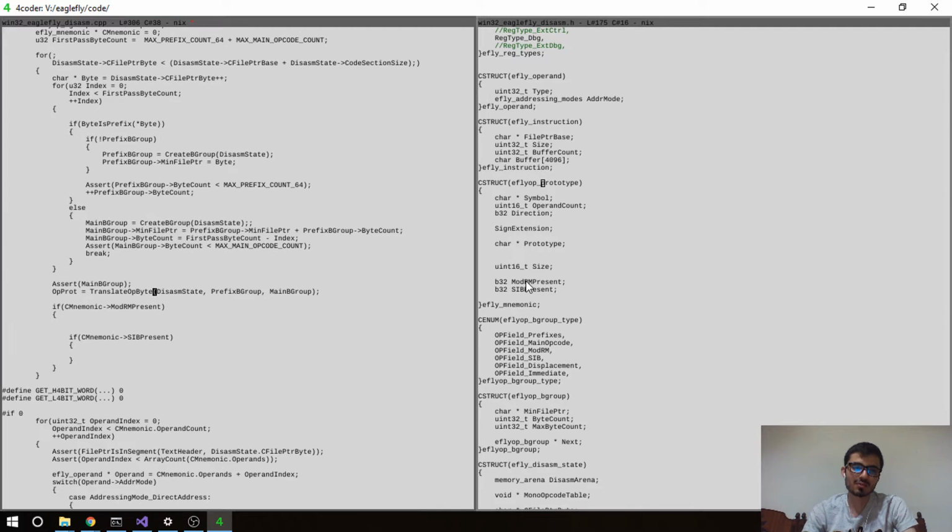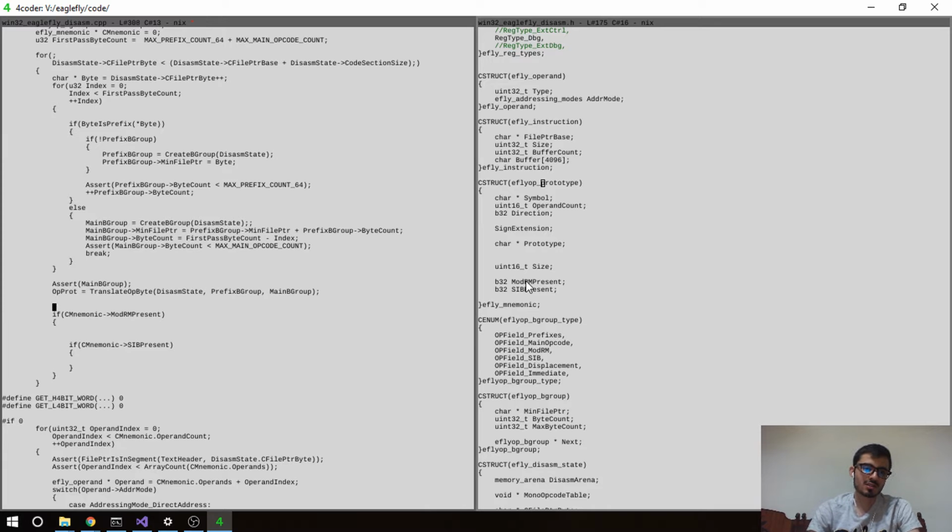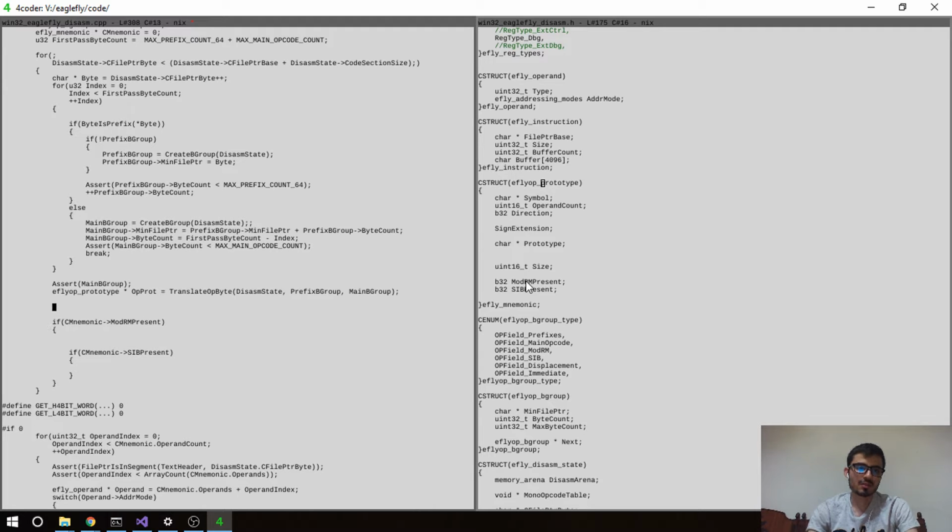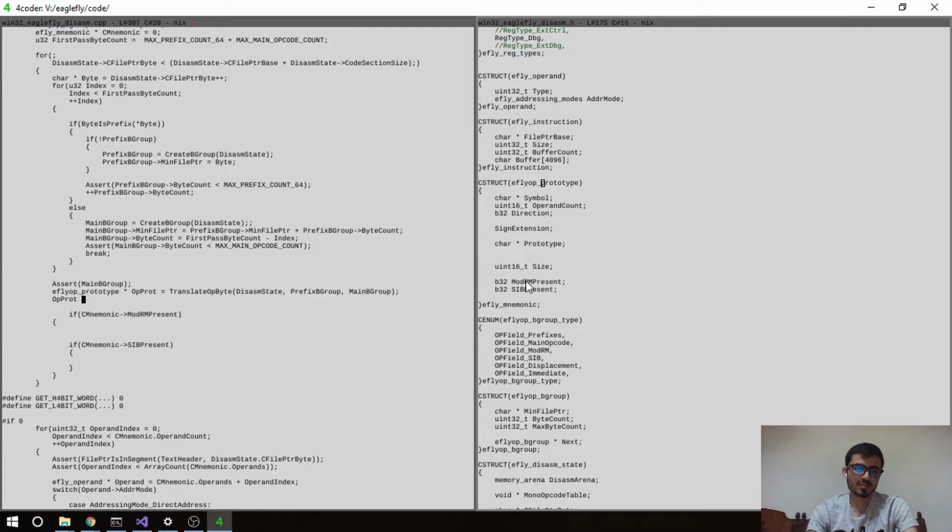It depends on the data information, because let's go step by step because I cannot see it clearly. So let's say we have an EagleFly op prototype here, and we got an op prototype there. We are going to use the op prototype to tell us what we are looking at. Now the op prototype is going to fetch a fast lookup table, that's all we want, with special considerations, of course, about the prefix B group and stuff like that.